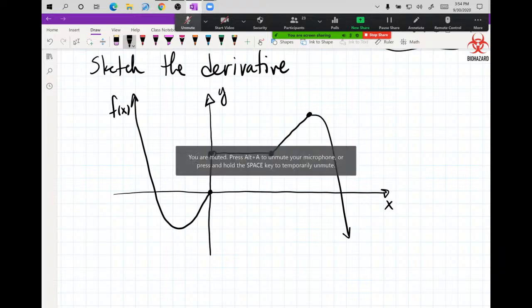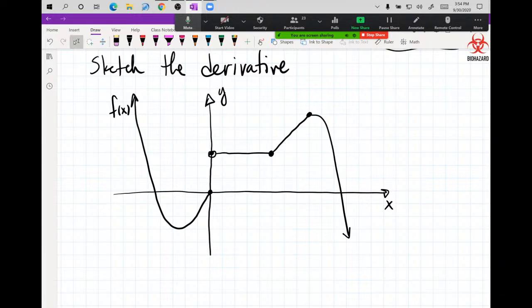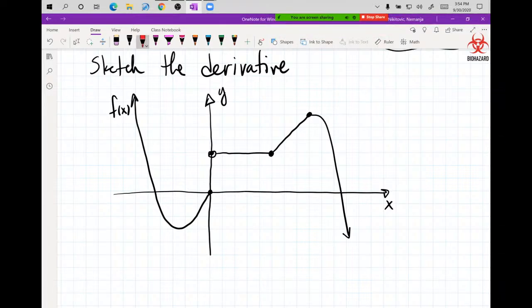All right, this would be more than enough time to draw the function. We have to pick up immediately on min and max, put those as zeros, so we always start there. So here is the minimum, that's going to be a 0. Here is a max, that's going to be a 0.